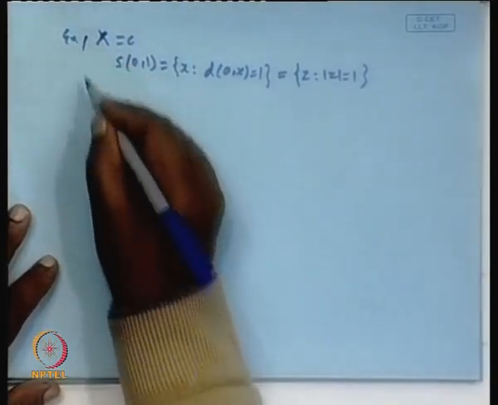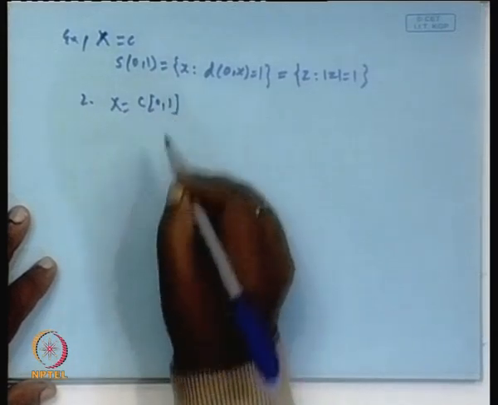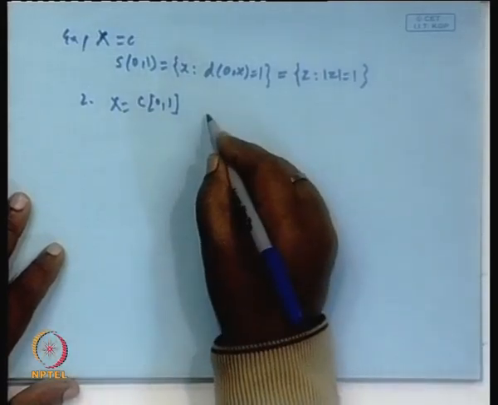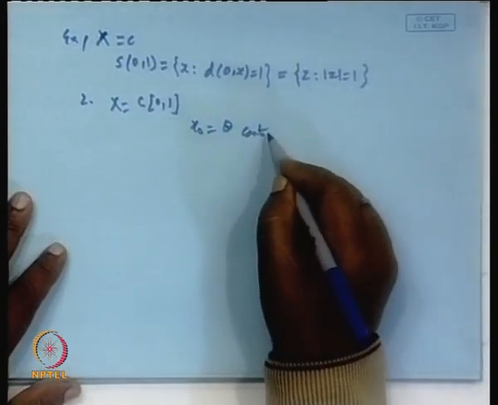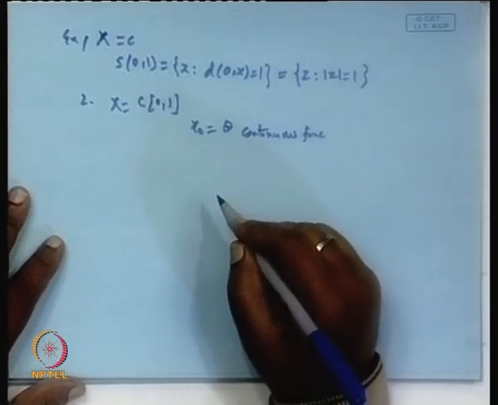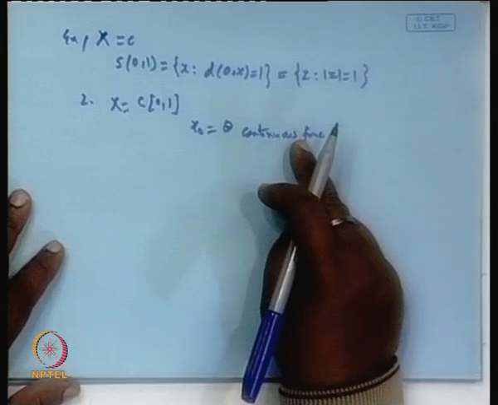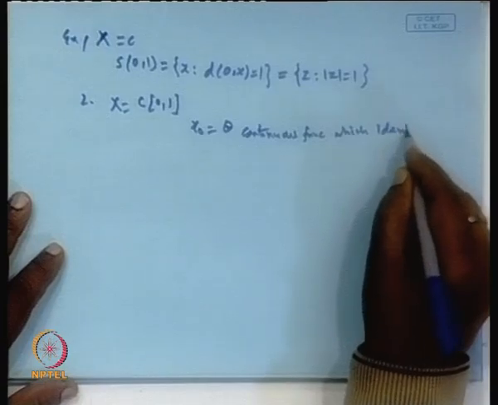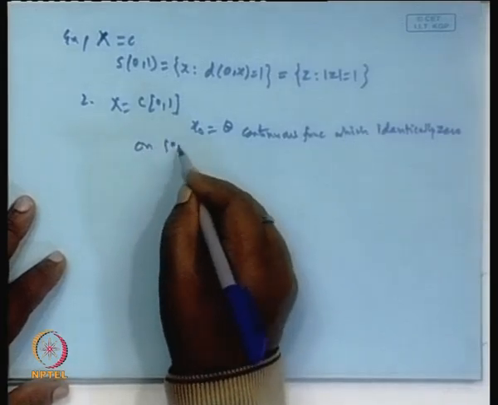If we take another example, say X is equal to C[0,1], the set of all continuous functions defined over the closed interval [0,1], and suppose I take the point x naught as theta, the continuous function which is identically 0 along the axis of x, that is, on this interval [0,1].